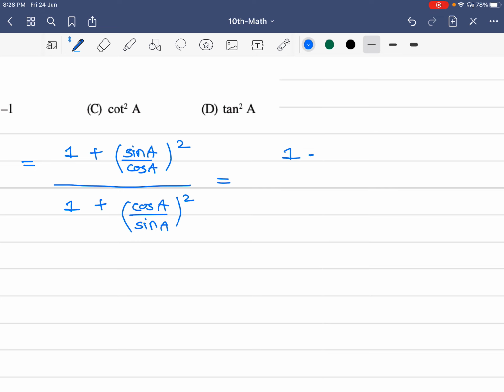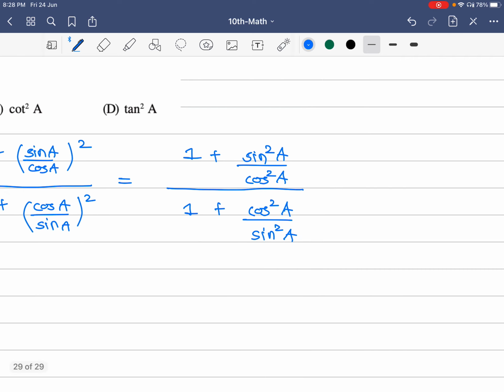So that is in fact equal to 1 plus sine square a, the whole divided by cos square a. Just open up the square term, the whole divided by 1 plus cos square a, the whole divided by sine square a. Quite simple, straightforward, no complex operations there.